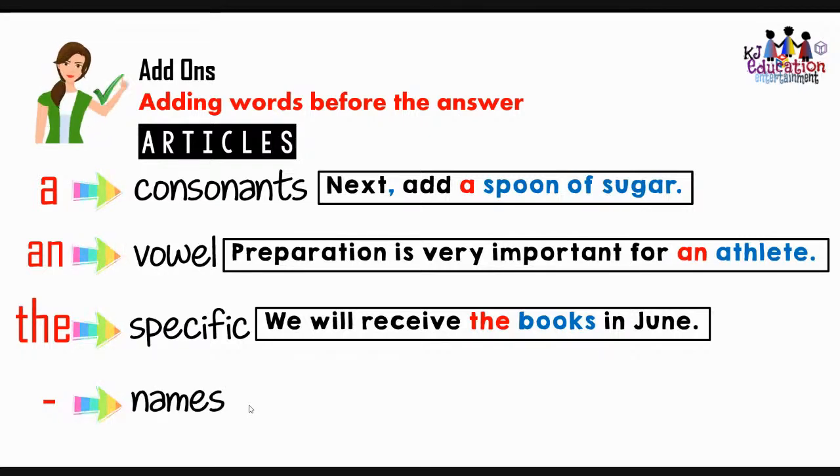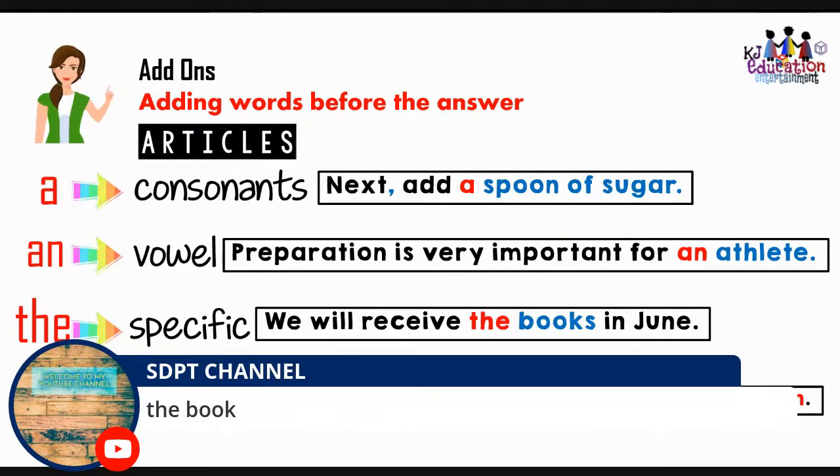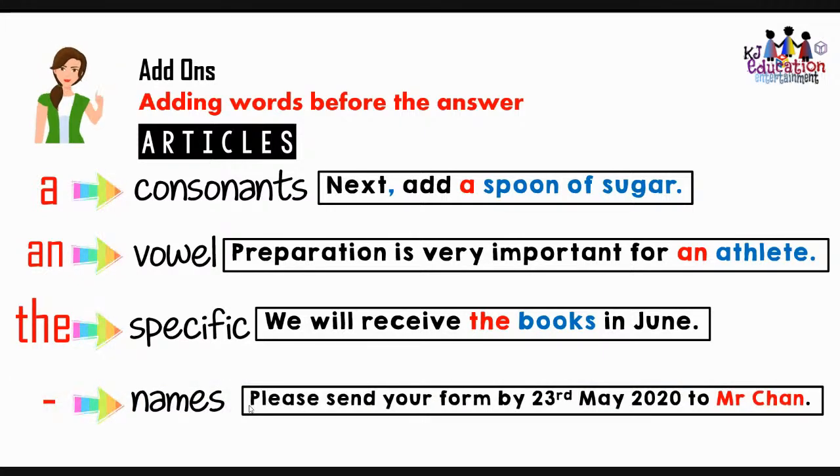We use it for names. You don't necessarily need to write the dash. That means you don't write anything. For example, please send your form by 23rd May 2020 to Mr. Chan. The name Mr. Chan over there, you do not put any article. That refers to zero article. Okay, good.